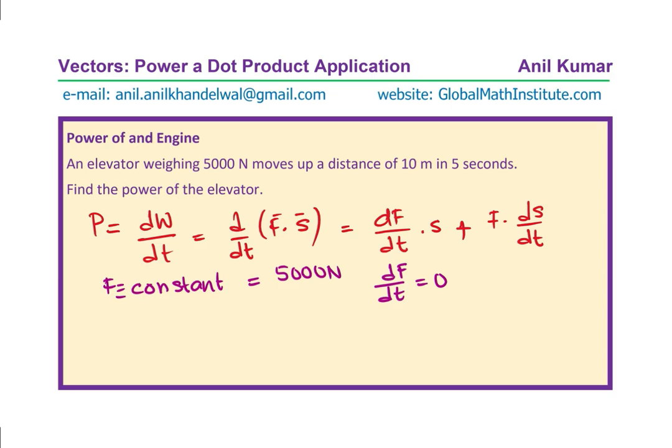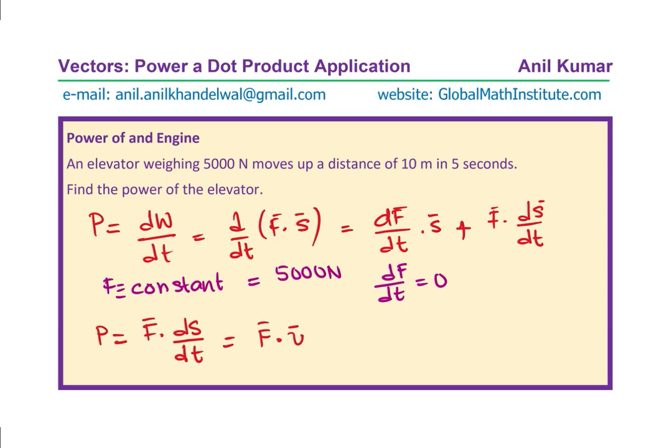And therefore, for a system in which force is constant, power can be written as force dot rate of change of displacement. And you know, rate of change of displacement is what? Is velocity. And that is how we derive the formula for power. Is that clear to you?